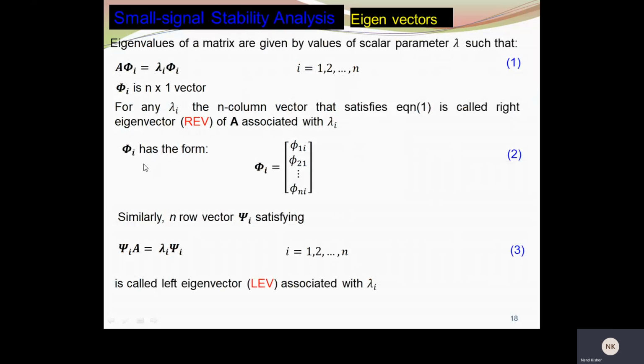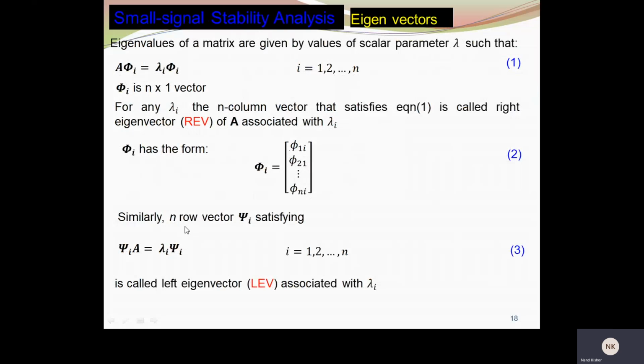So this phi_i is actually represented as a vector phi_1i, phi_2i, up to phi_ni.